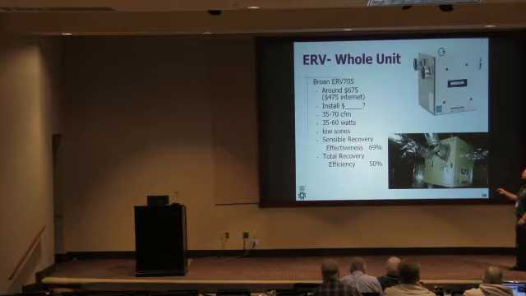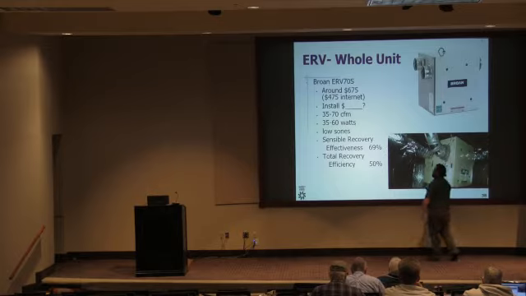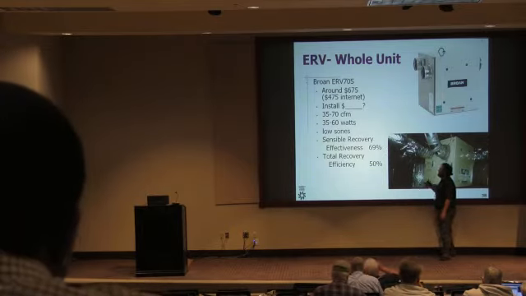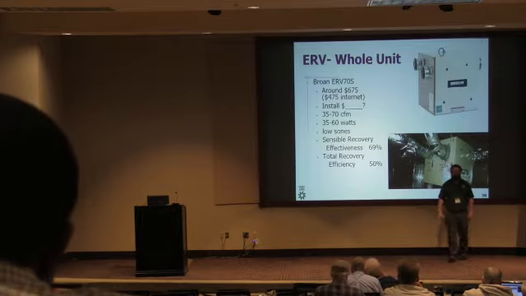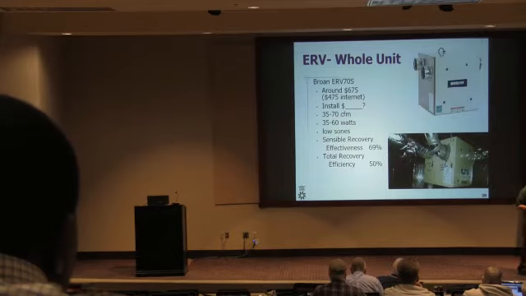They're probably going to charge you in the ballpark of what the equipment costs to put it in. Rule of thumb, take that, double it. It's probably what it's going to cost you to have it installed. Pretty efficient, very quiet, reasonable, sensible recovery, and will give you balanced whole house mechanical ventilation for maybe $1,000.